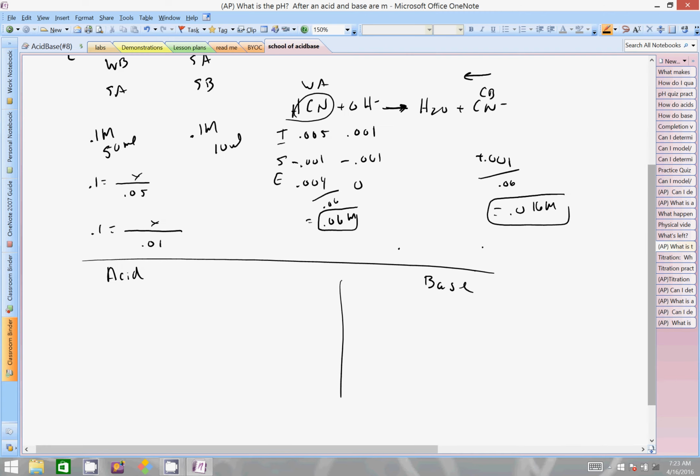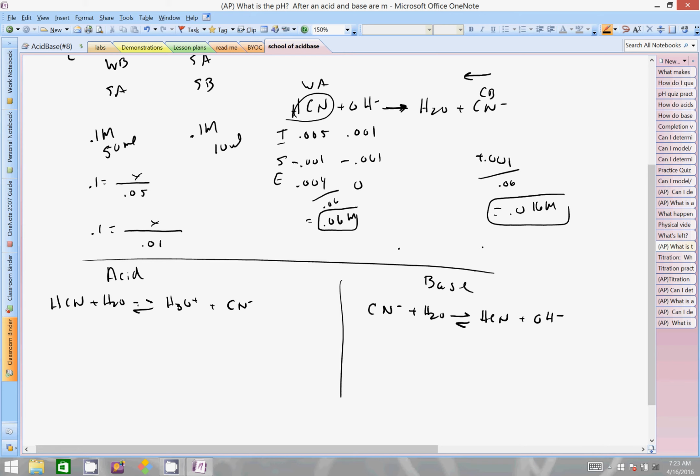So in this case, I could say HCN plus H2O yields, I'm going to use two arrows here, H3O plus CN negative. Or we have CN negative plus H2O yields HCN plus OH negative.